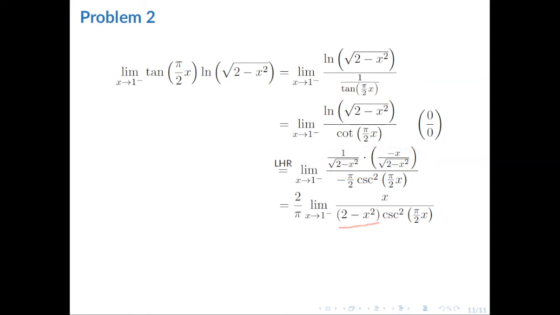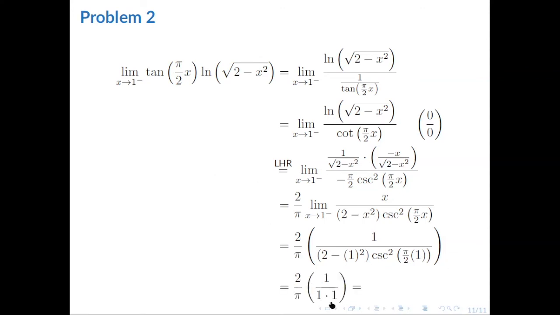So, I think we can evaluate na. We can apply yung x equals 1 natin. We have here 2 minus 1, times cosecant squared of pi over 2 times 1. So, we have here 2 over pi times 1 over 1, which is equal to 2 over pi.